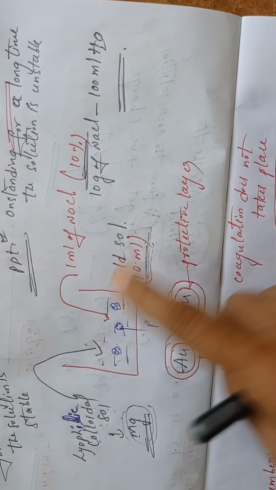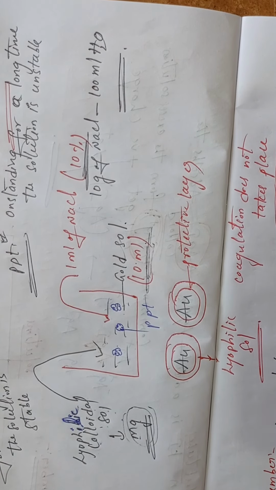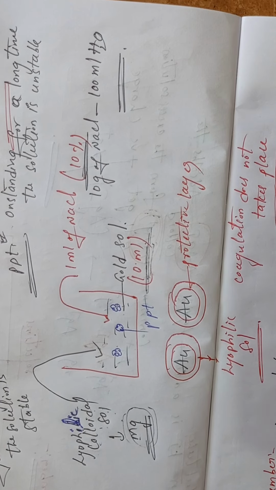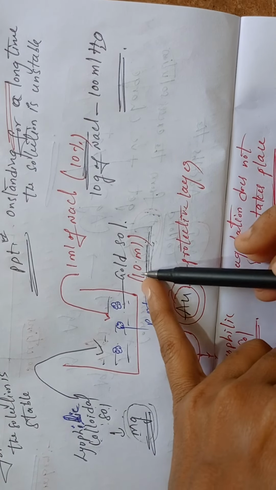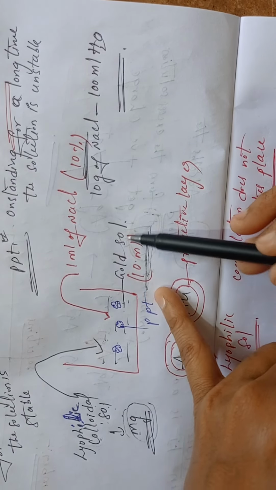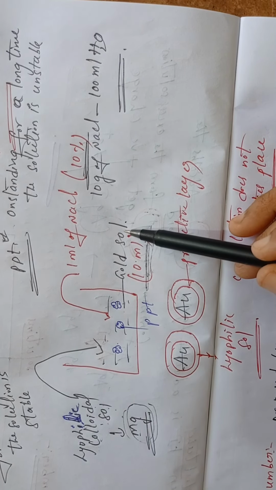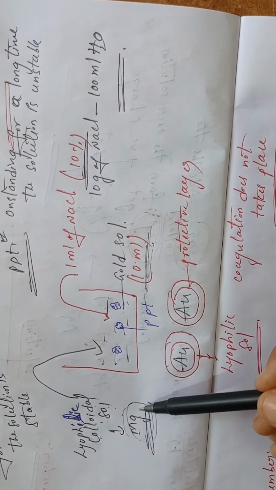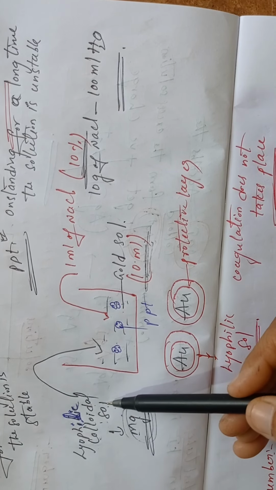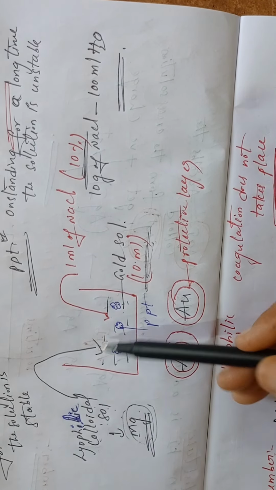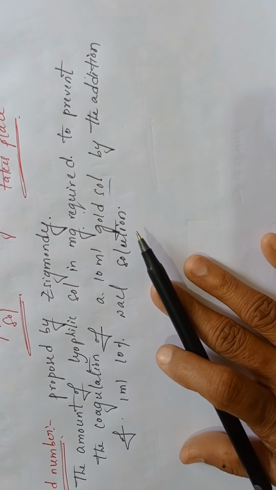To prevent the coagulation of 10 ml gold salt, how many milligrams of lyophilic colloidal salt are required? That is called the gold number. Are you clear, students?